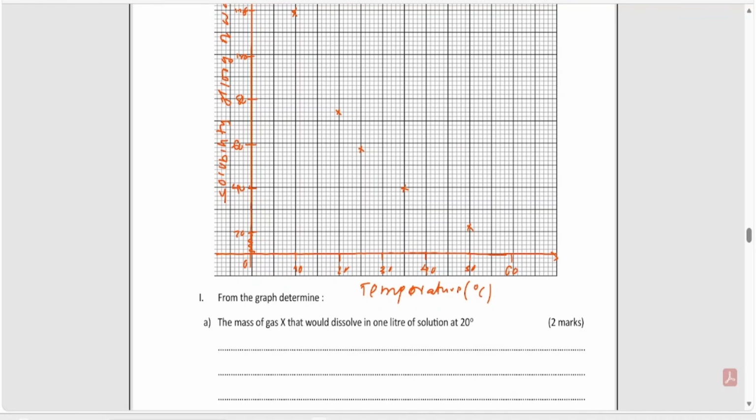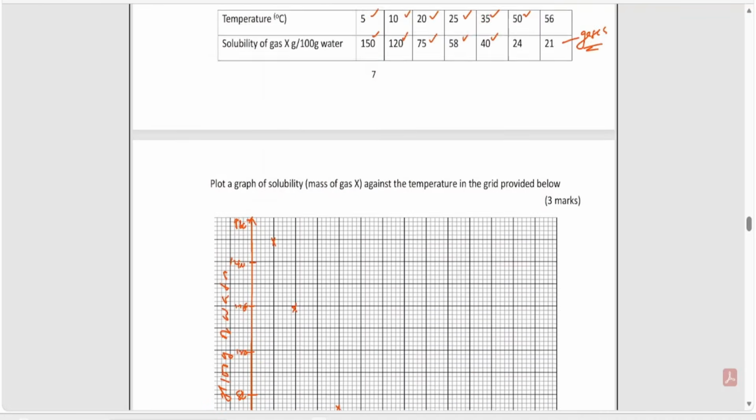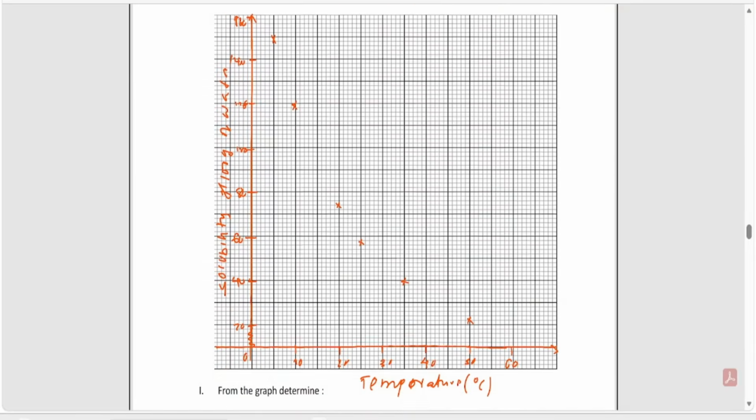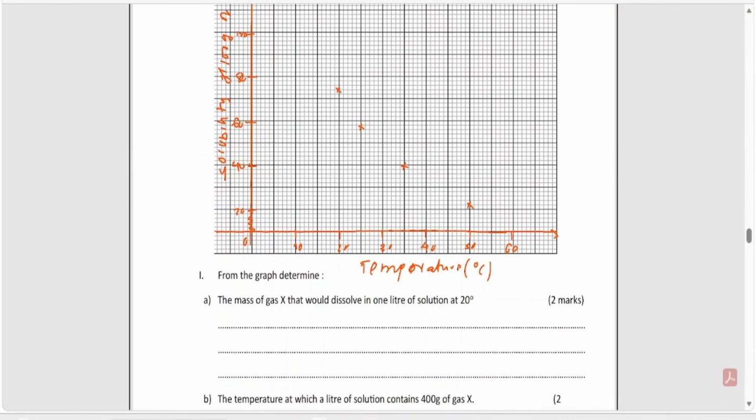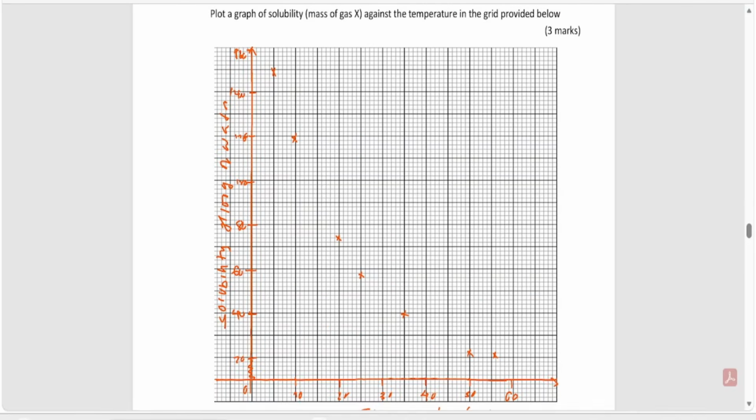And then lastly, 55, 56, 21. So we have 56, 21. Very accurate.